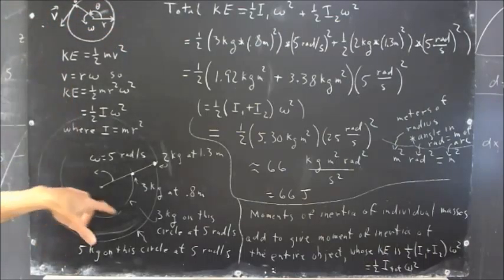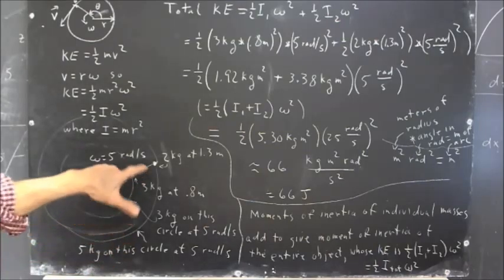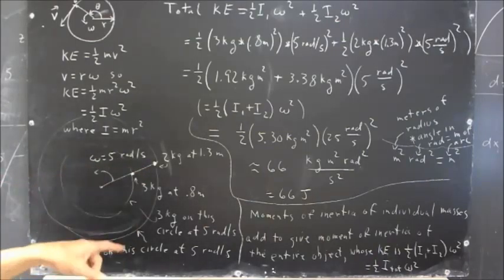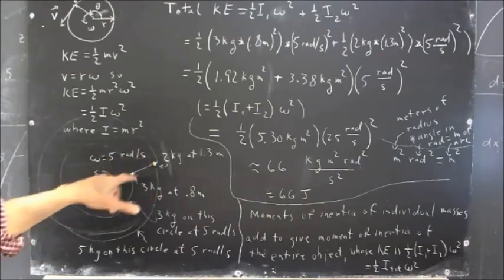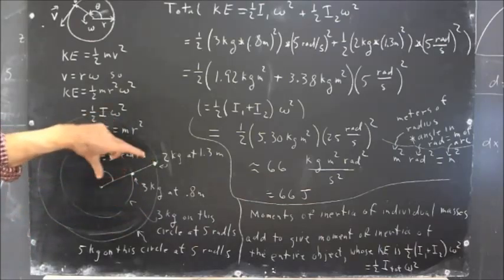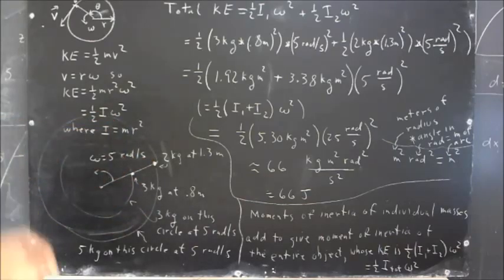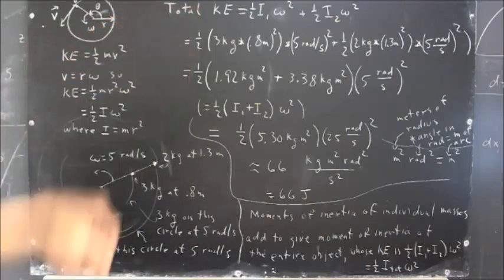Okay, so again, we have the 3 kilogram and 2 kilogram masses moving with common angular velocity 5 radians per second because they're attached now by a rod strong enough to support them but of negligible mass. And we want to calculate the moment of inertia of the entire system.